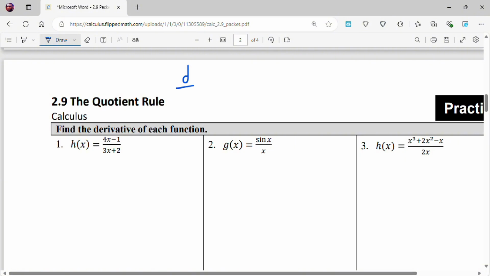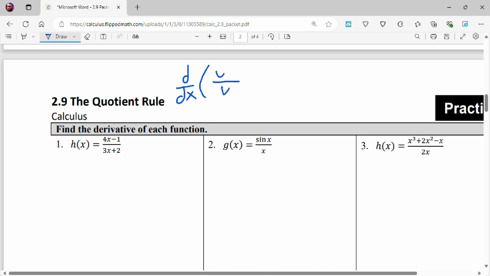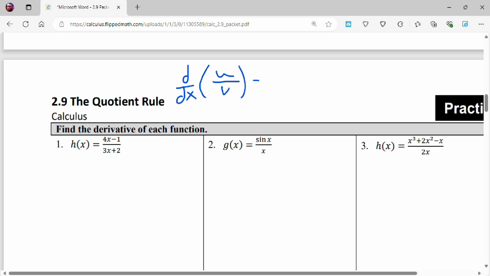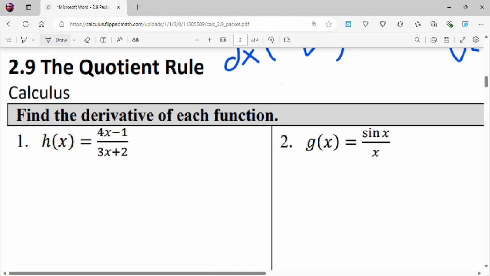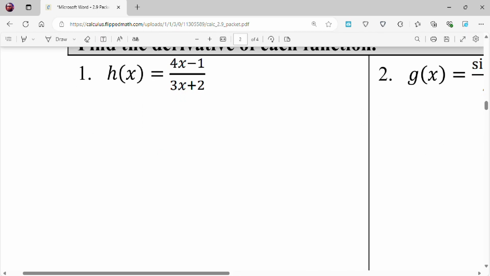The derivative of u over v is going to equal v u prime minus u v prime, over v squared. Okay? That being said, just solve number one.